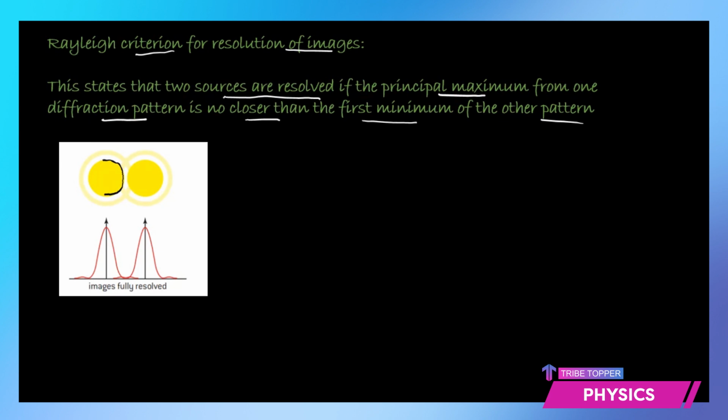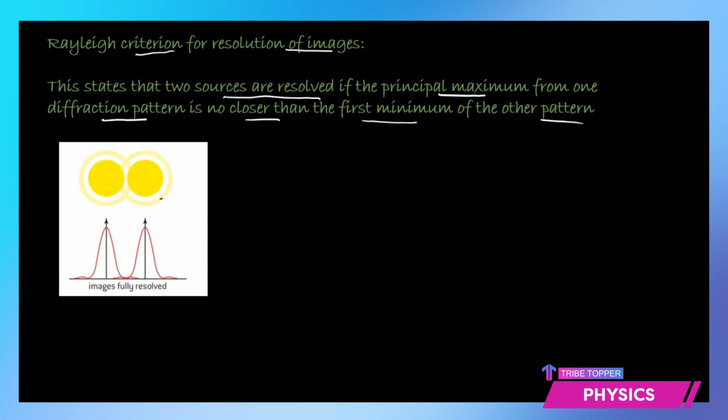It is closer by what distance? This is the gap between the principal maximum and the first minimum of the next one. So this is the principal maximum of one, lying at a distance equal to the distance of the first minimum of the second pattern, right? If there is this much gap, then we would say that these two will be fully resolved images, right?